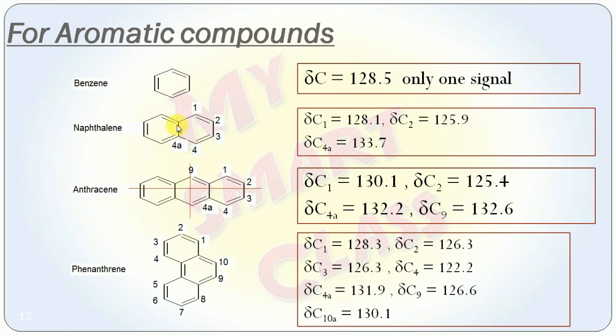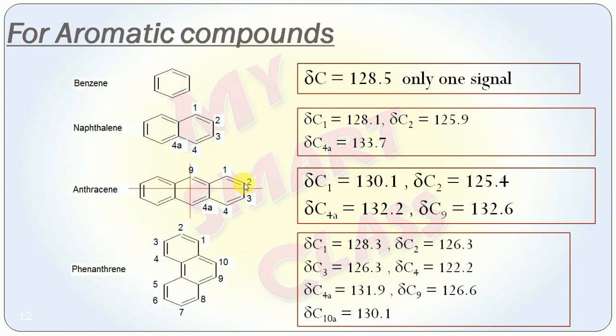Then 4A and 8A, both having the value of 133.7. So that is the case of naphthalene. Now for anthracene, it has symmetry. So there are only 4 signals: 1, 2, 3, 4.